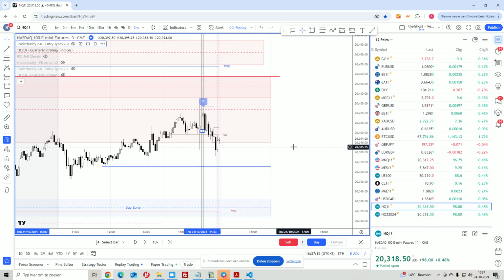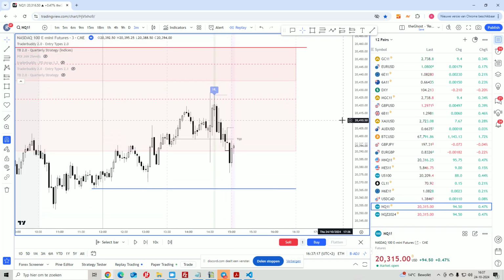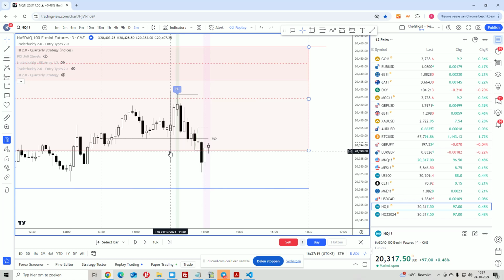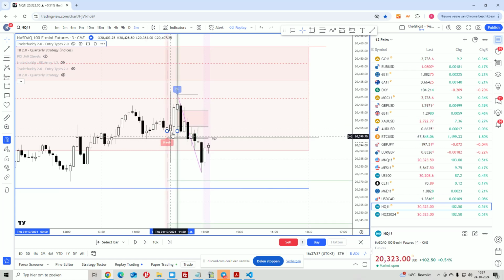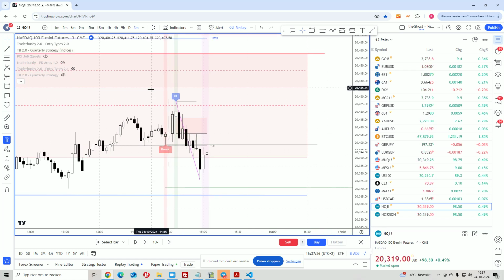And where are we going to put our low? Well, since I said we do not count for this swing, then we need to put our swing low on this one, because that's the candle. If we ignore these wicks, this will be the swing low. So now these are our settings.